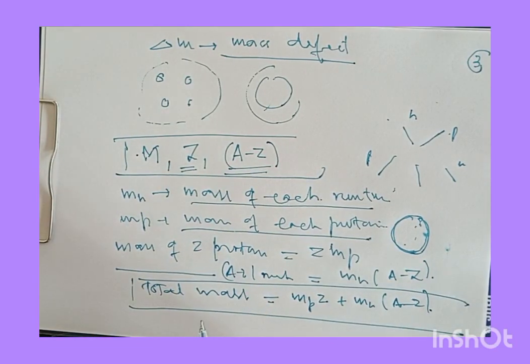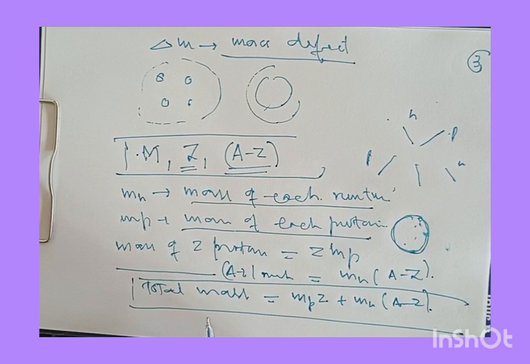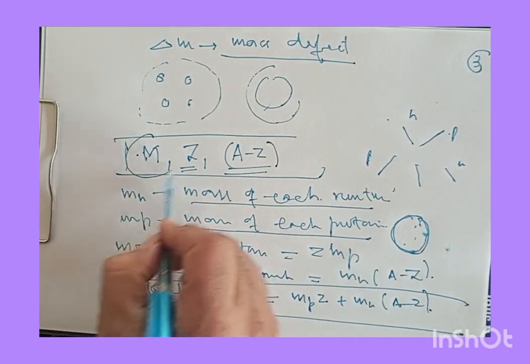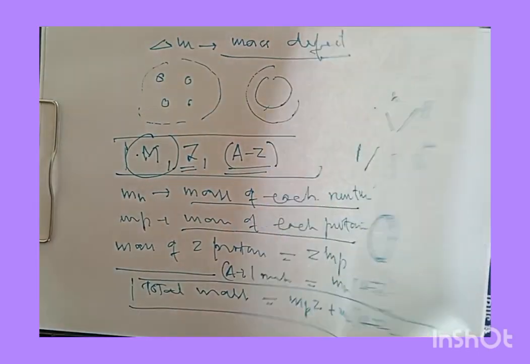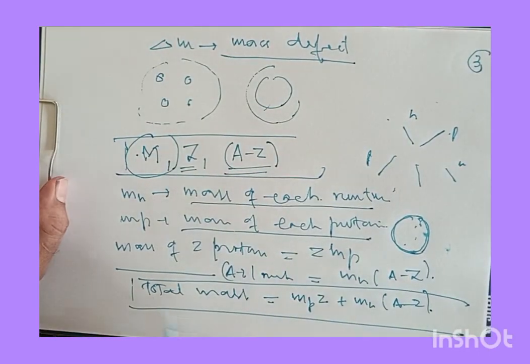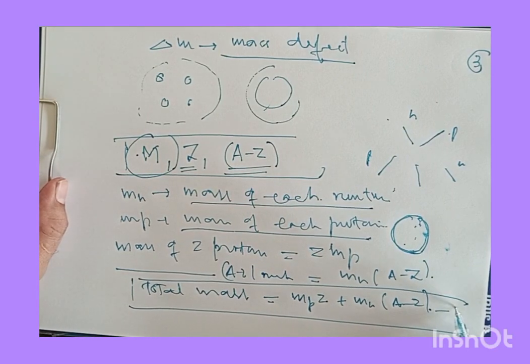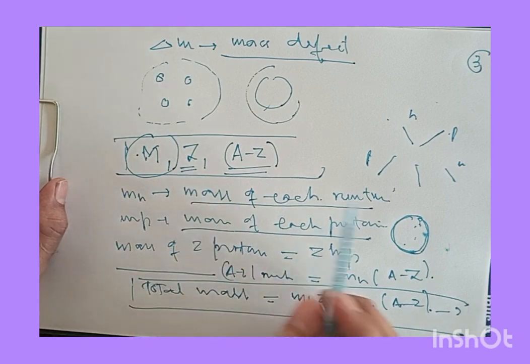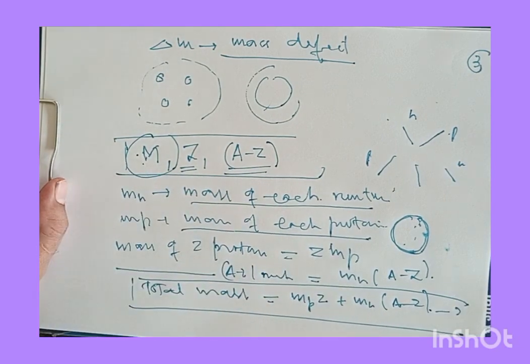All right. And now, if I have to write down the mass defect, because I have chosen m as the mass of the nucleus, so what I will have here is the mass defect. So this is the mass of the constituent particles in the nucleus, and this is the mass of the original nucleus.